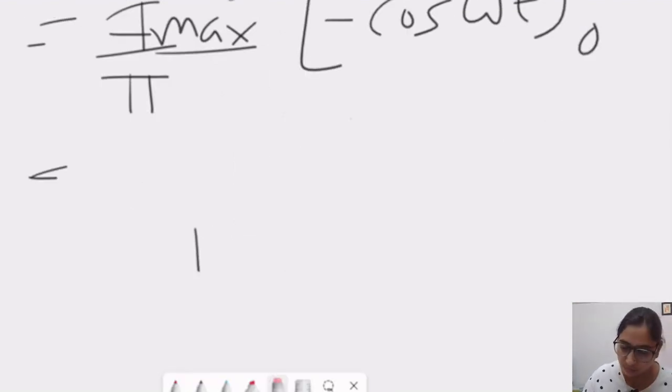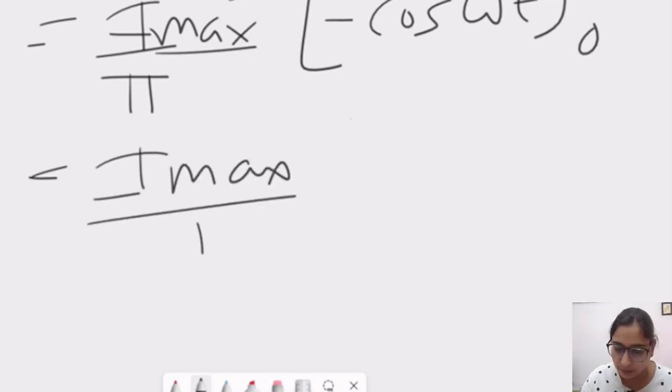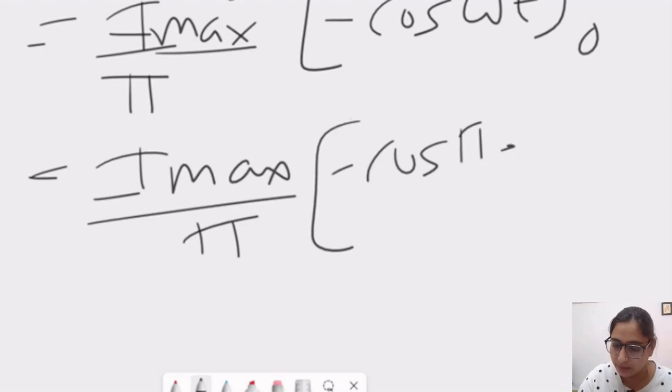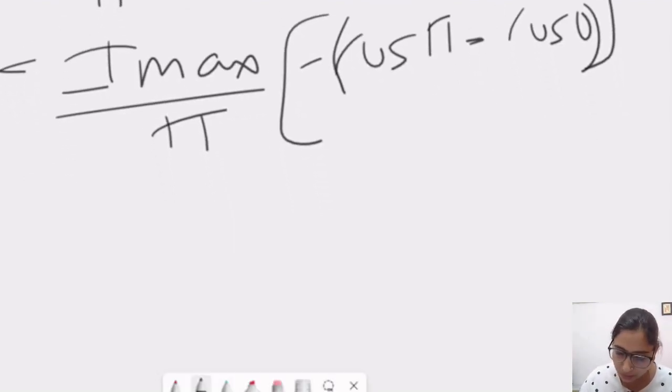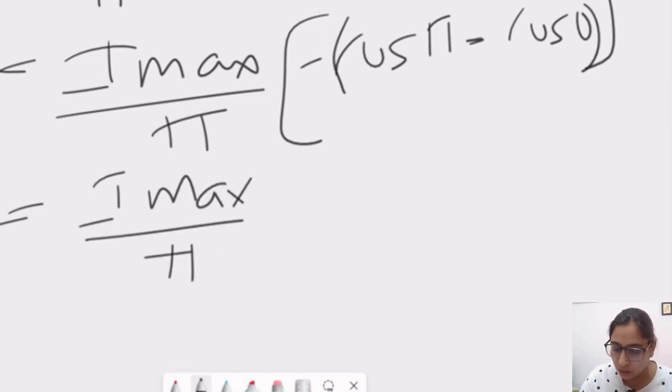Now we will put the values over here. So I max by pi, minus cos pi minus cos 0. We will consider the minus like this. So cos pi is nothing but minus 1, and similarly cos 0 is plus 1.